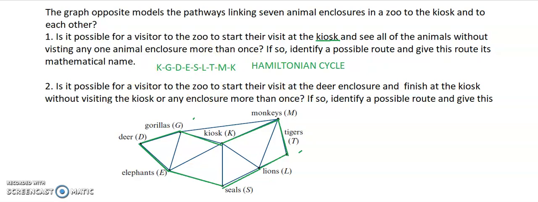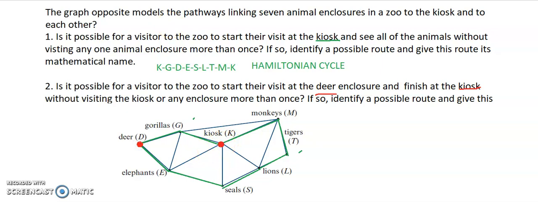I'm going to change color for our second part of the question. Is it possible for a visitor to the zoo to start their visit at the deer and finish at the kiosk? So we're having different starting and end points. So the first thing I'm going to do is mark my deer and mark my kiosk.